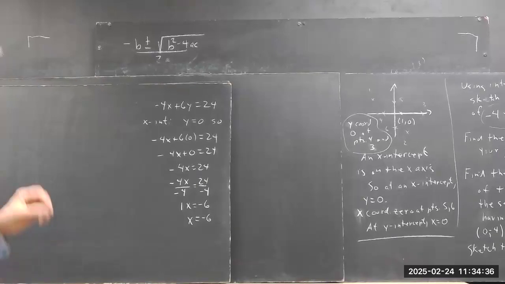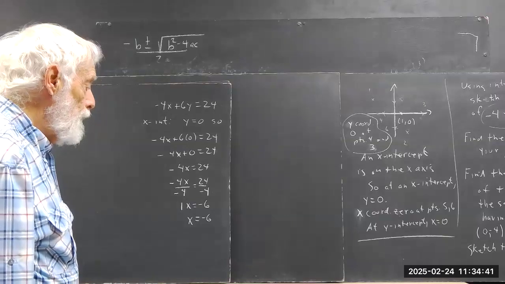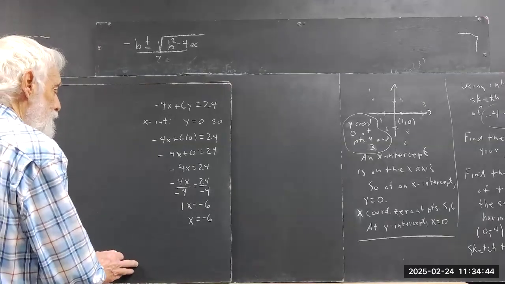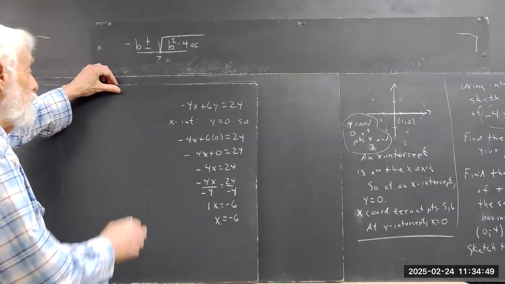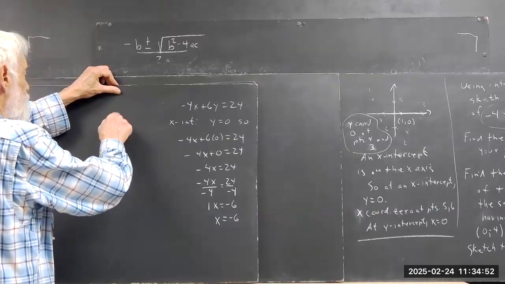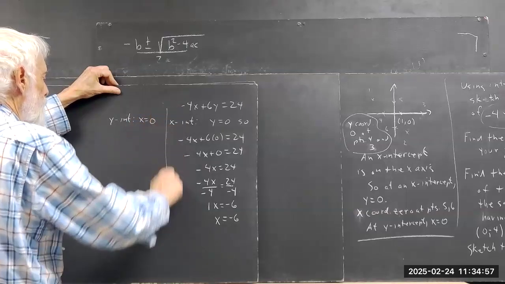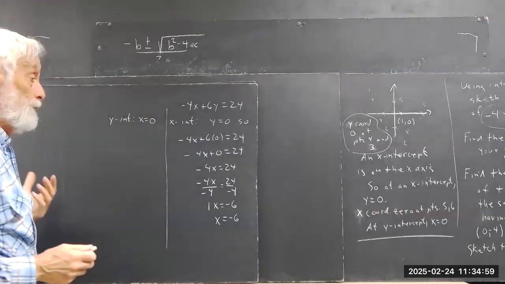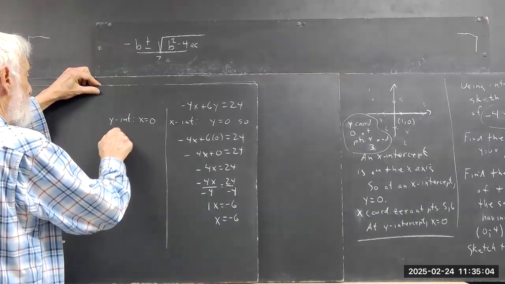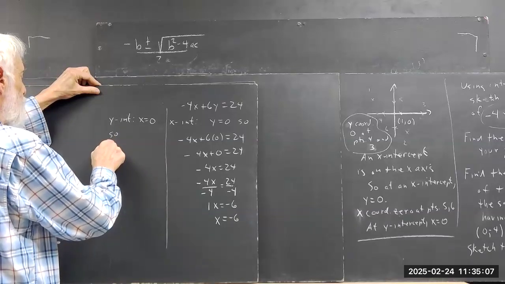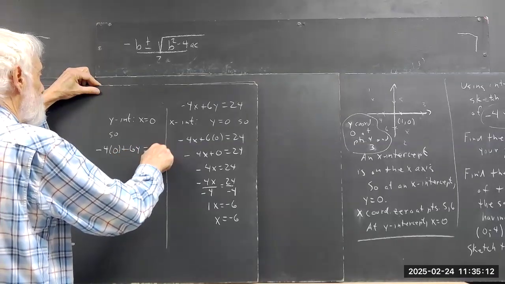Okay. At this point, I'm going to not quite do this in the order I want you to do it in to make my point. So we want the y-intercept. Y-intercept, x equals 0. So we have negative 4 times 0 plus 6y equals 24.